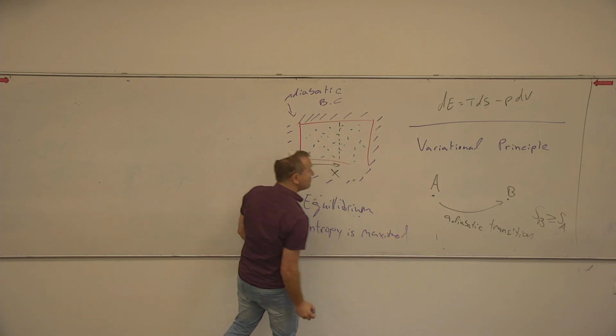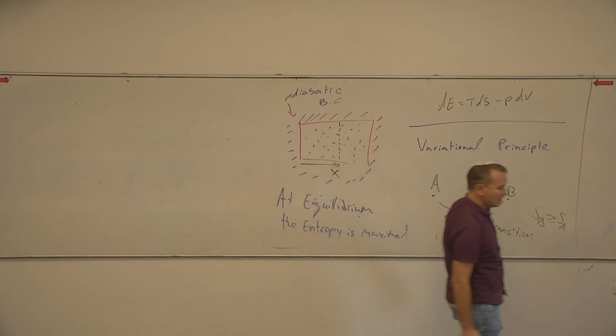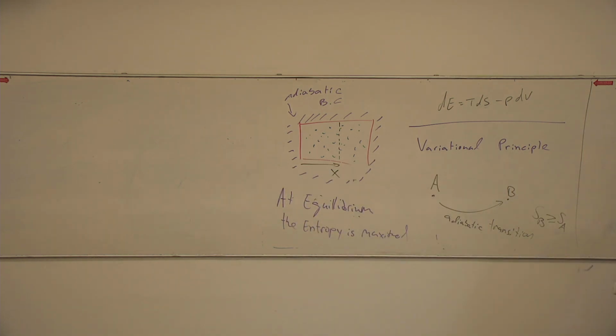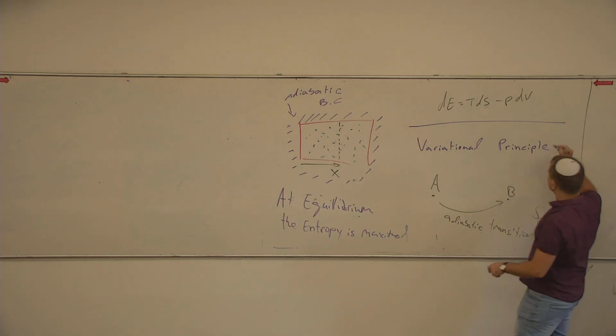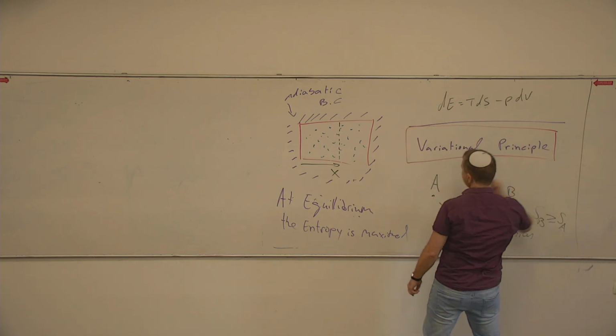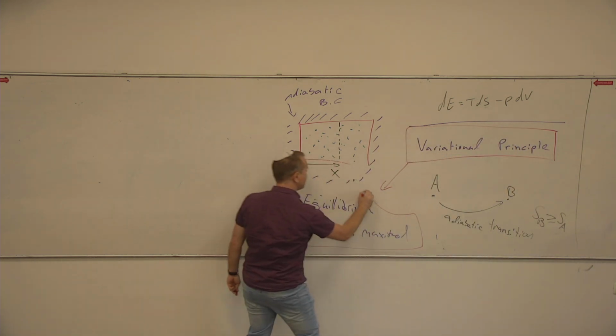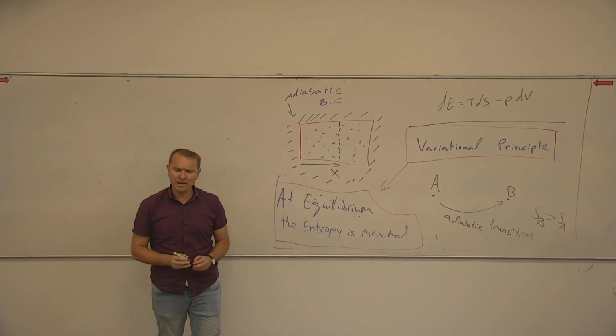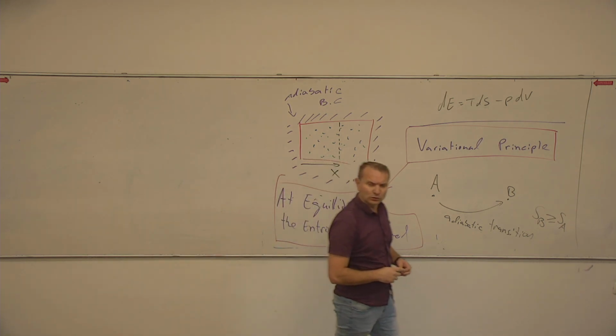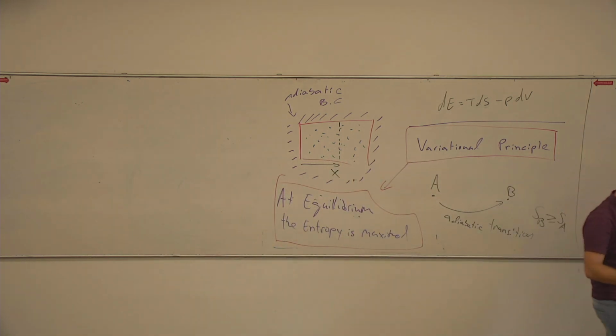And this is my variational principle, right? I found something that is getting a maximal value at equilibrium. So this is the path that I can use in order to determine what my equilibrium state is.